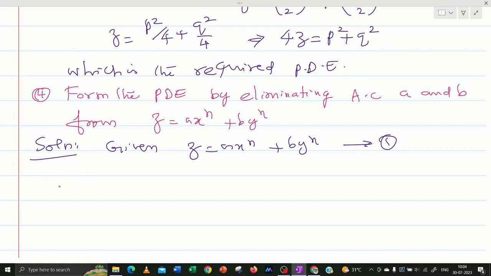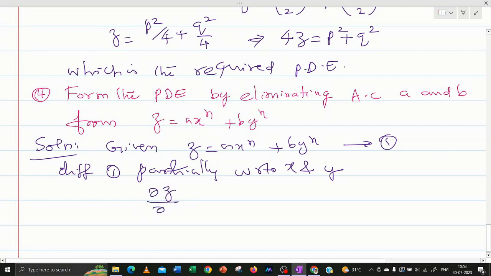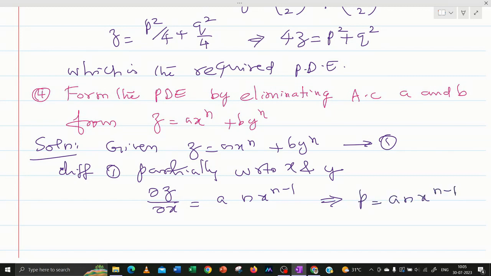Differentiate 1 partially with respect to x and y. We will get dou z by dou x equal to, keep a there, then differentiation of x power n is n into x power n minus 1. So this gives p equal to a n x power n minus 1.